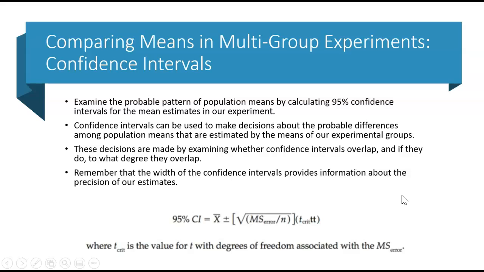Now SPSS does this for you, so when you get your test results, you're going to be given confidence intervals for your groups when you do the post hoc analyses, and that's how you can look at the degree to which your groups are actually overlapping versus the degree to which they're separate.